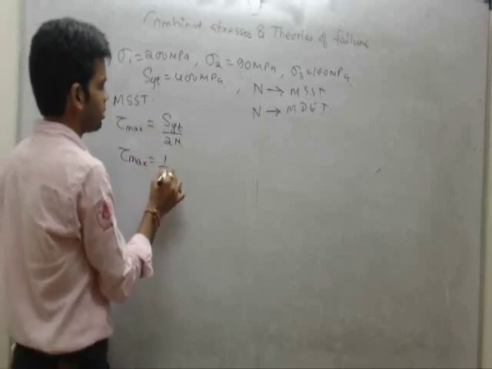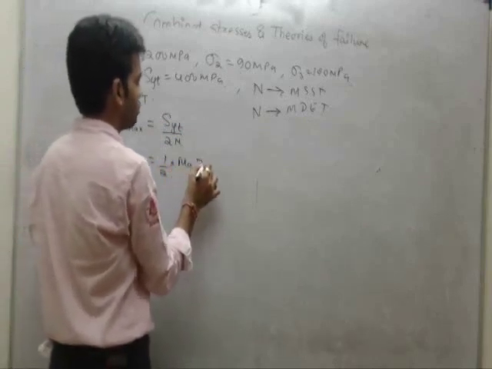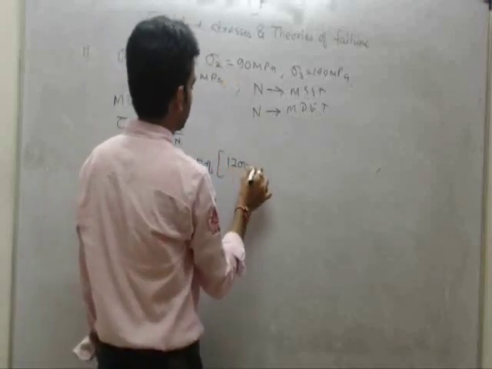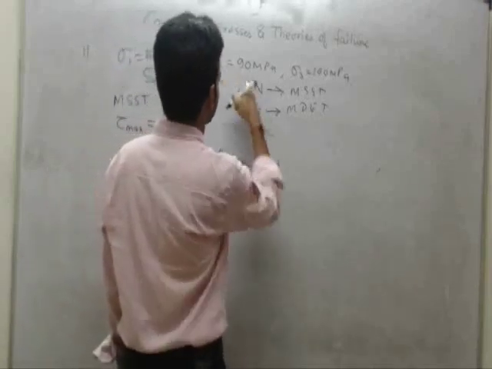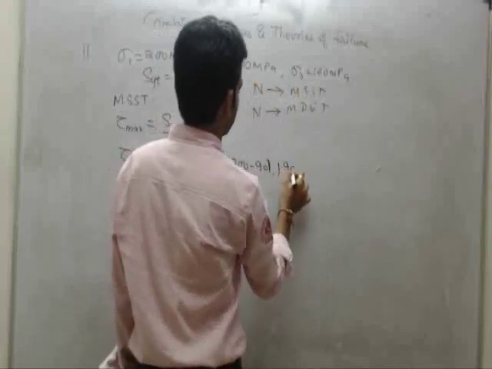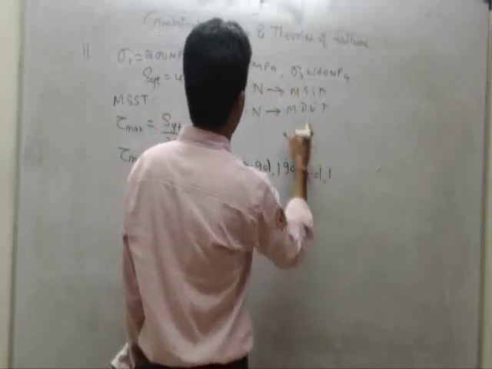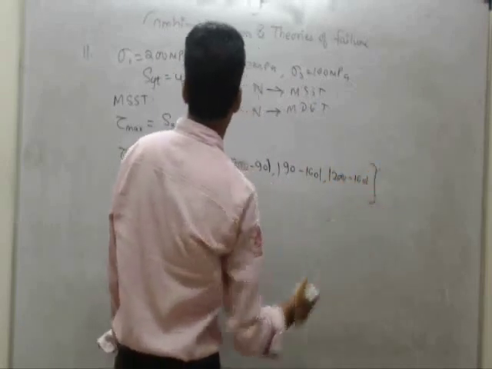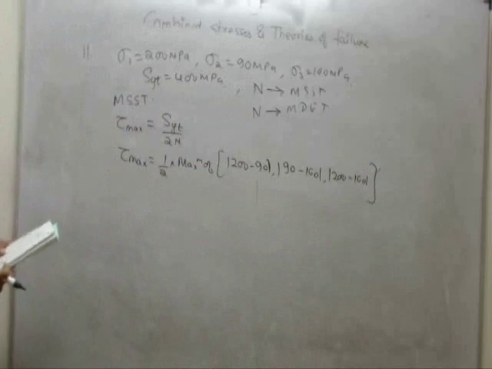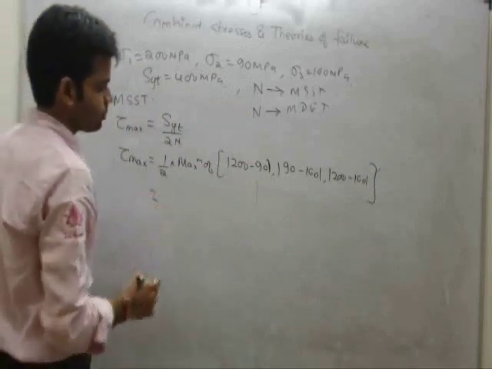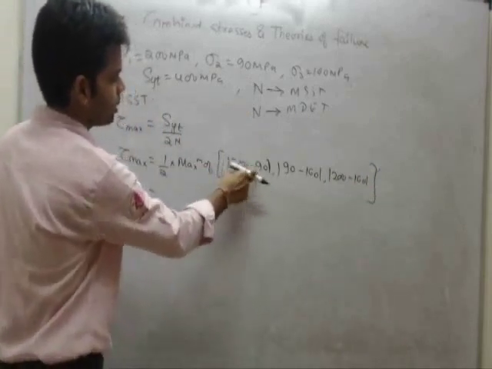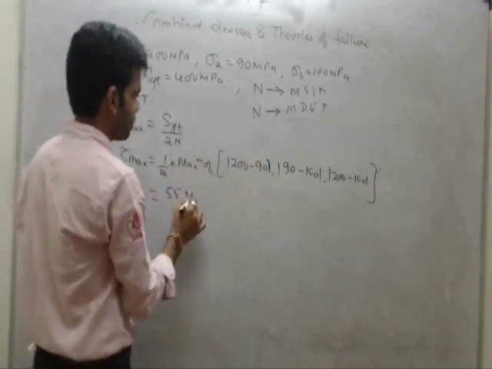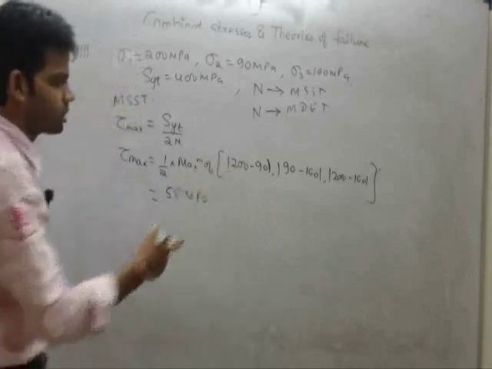This is nothing but half into maximum of sigma 1 minus sigma 2, that is 200 minus 90, sigma 2 minus sigma 3, 90 minus 160, and sigma 1 minus sigma 3, 200 minus 160. So, okay, what is maximum in this? 200 minus 90 is 110 divided by 2 is 55 megapascal. Okay, this will be the maximum.